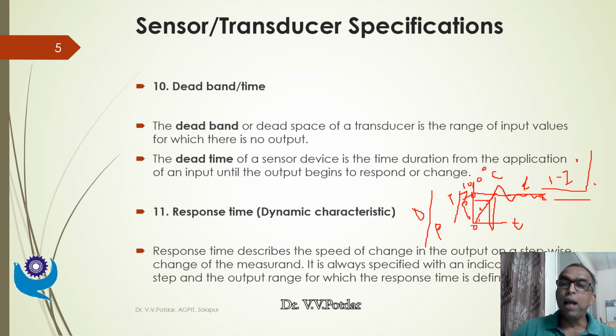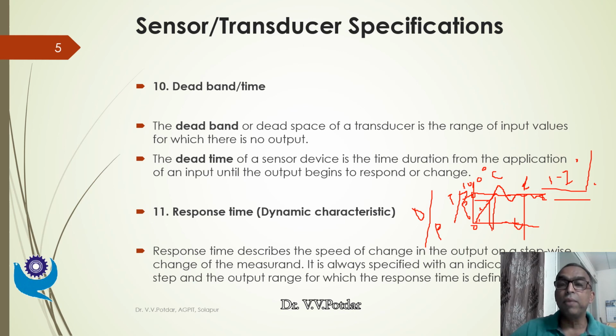Now the time required for my transducer to show the output signal within a band of 1 to 2% of the final value, the steady state value, is called the settling time.